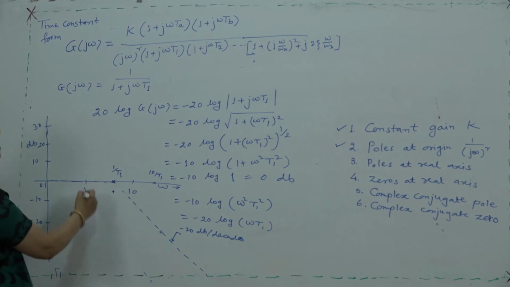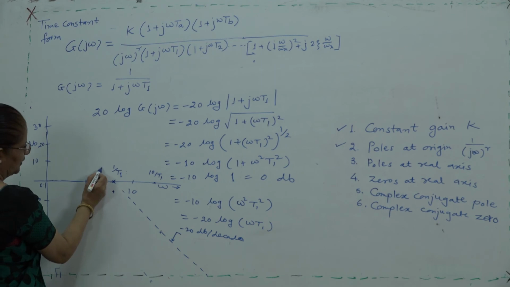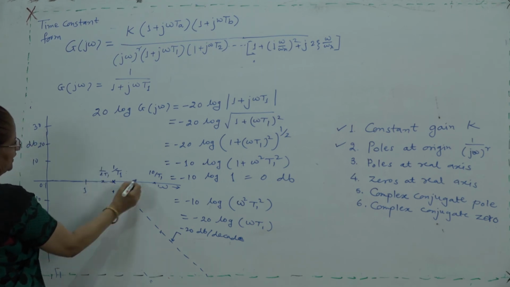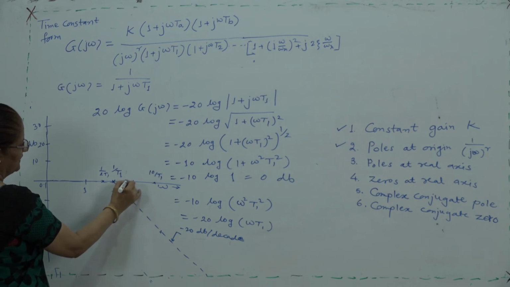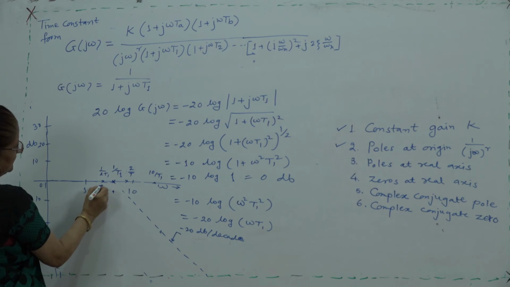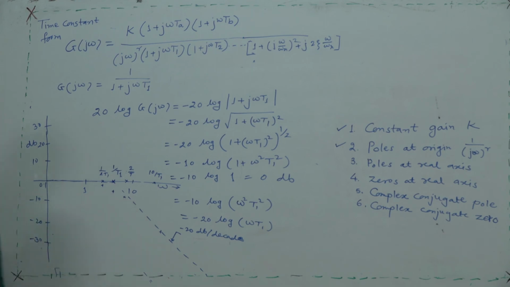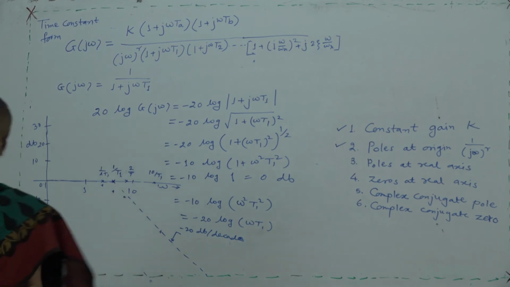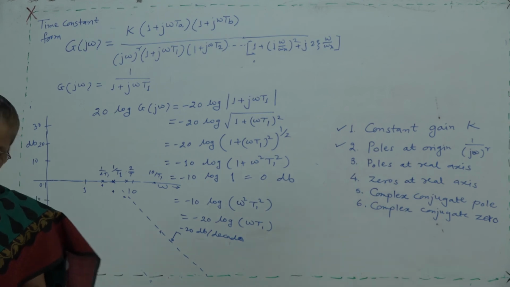One octave before, that is 1 upon 2 t1, or 2 upon t1, the error is minus 1 dB. So, you got 3 points, then draw a smooth curve for the magnitude plot.